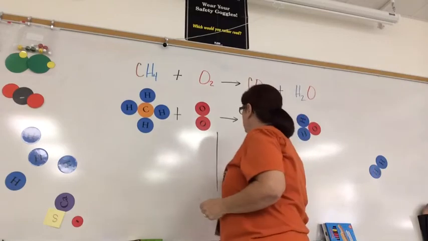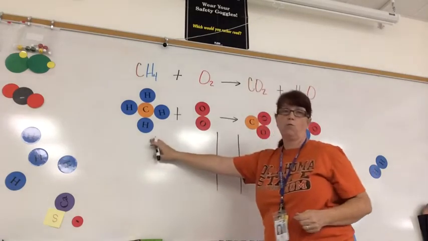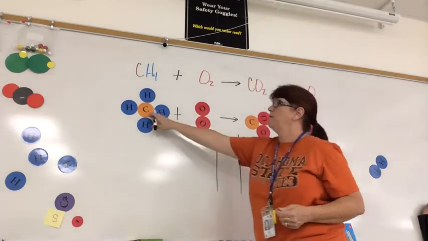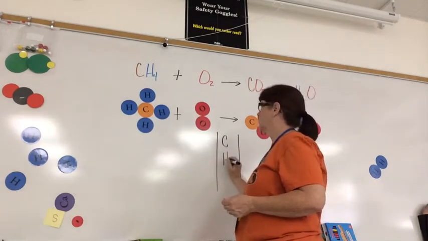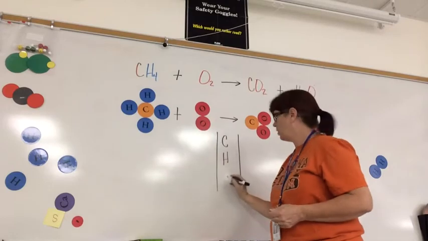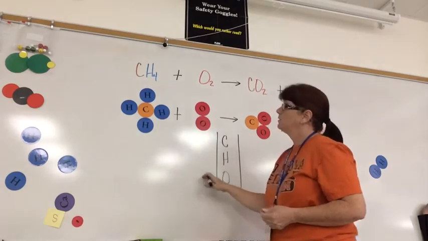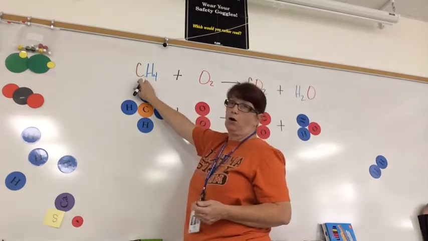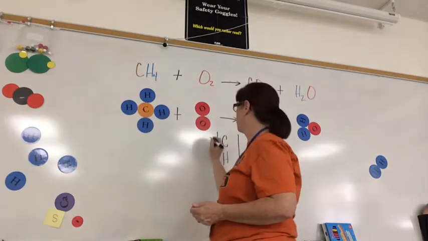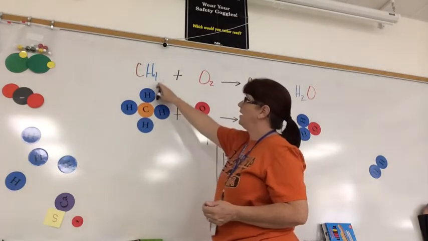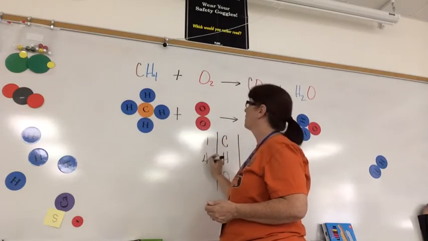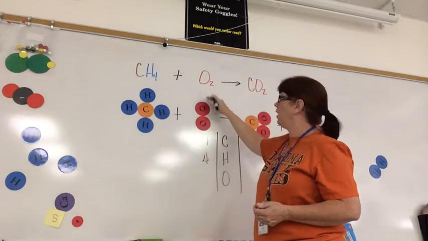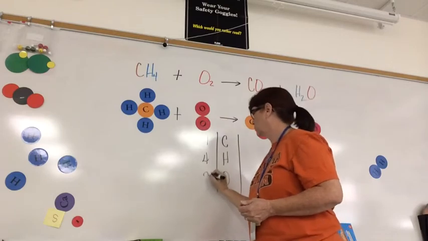So let's look. What elements do we have? We have C for carbon, H, and O. On the reactant side, I have one carbon, 4 hydrogens, 1, 2, 3, 4, and 2 oxygens, 1, 2.